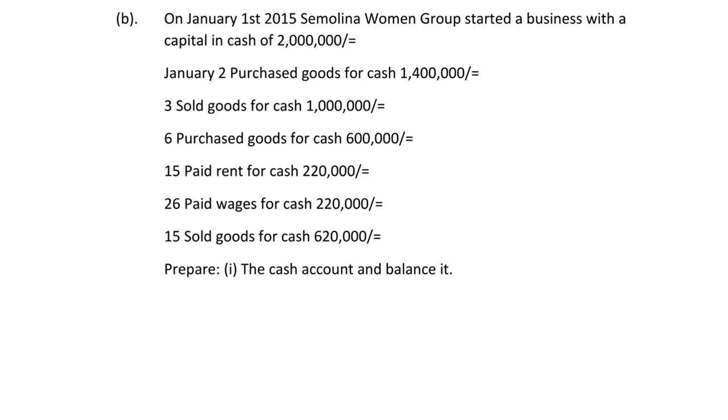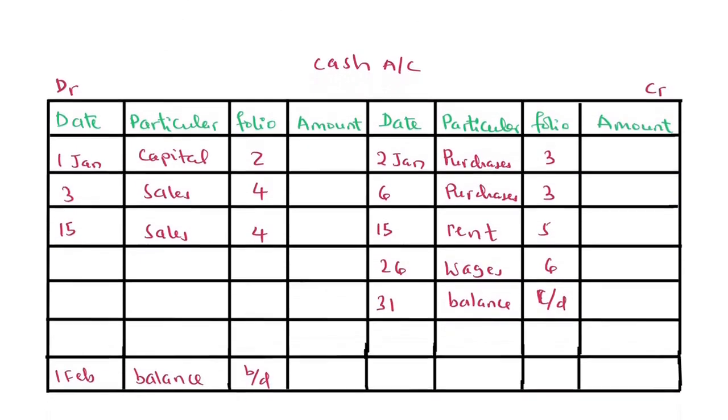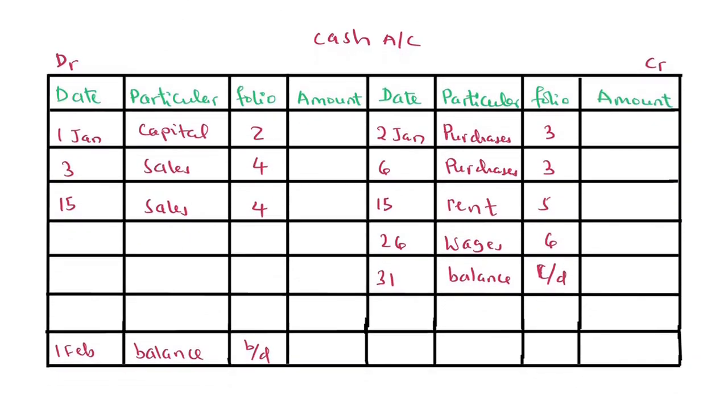So we are going to sketch our cash account, which is going to have two sides, the debit side and the credit side, and then the cash account will have columns for date, particular, folio, and amount. Okay, so we start first by recording the capital in cash, 2 million. Next, the cash purchases, 1.4 million.